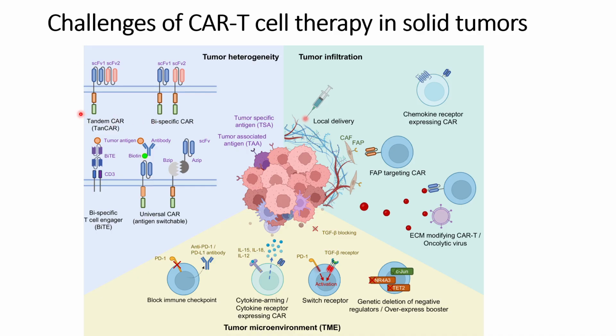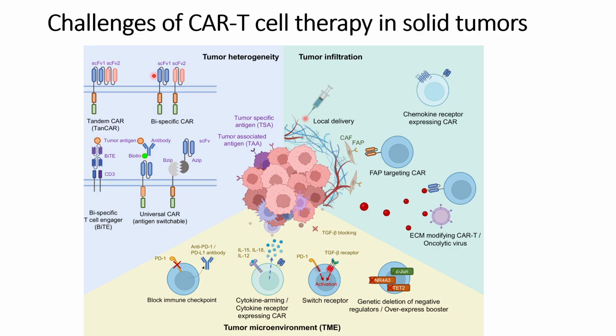Or instead of a single CAR with two single chain variable fragments, we can use a bispecific CAR, or transduce these T cells with two different CARs, so that T cells will express these CARs separately and target different antigens, that is single chain variable fragment 1 or single chain variable fragment 2.